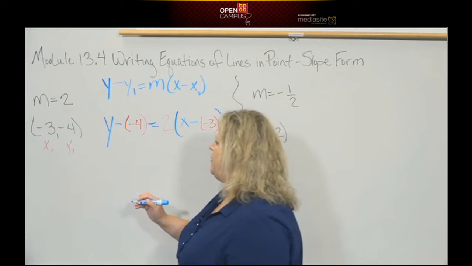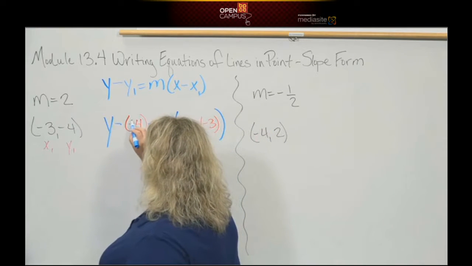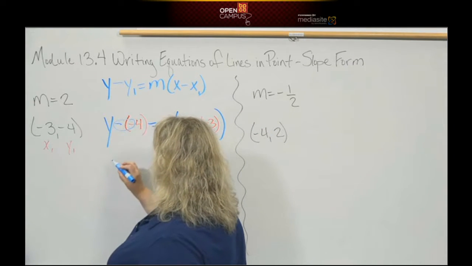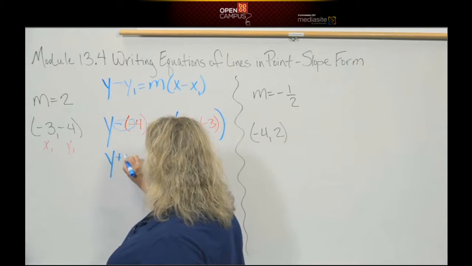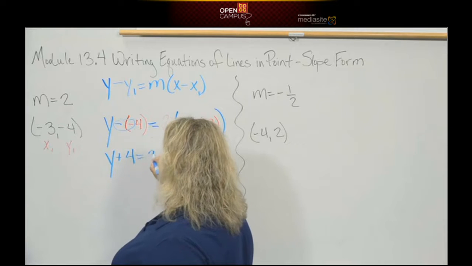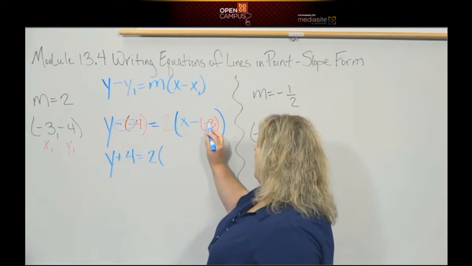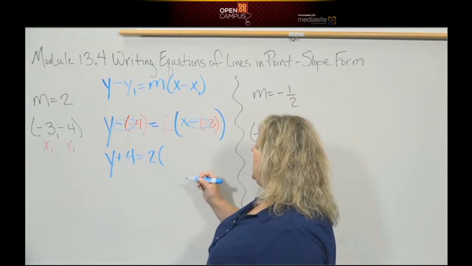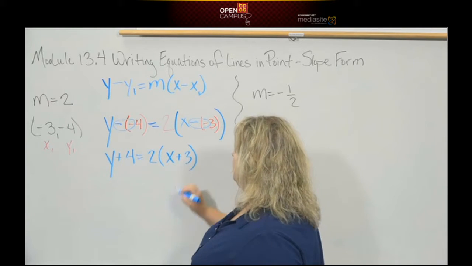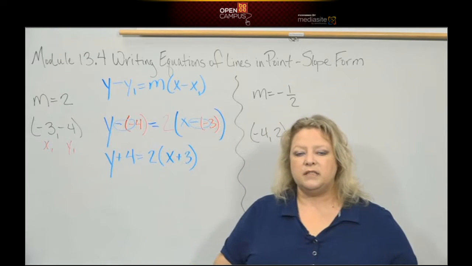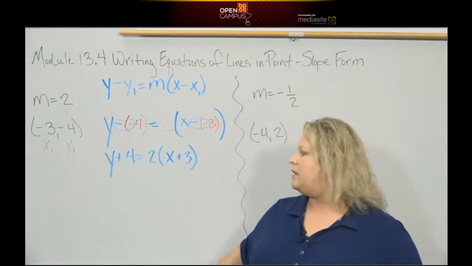So let's do that right now, okay? These two negatives make a what? A positive, that's right. So that's going to be y plus 4 is equal to 2 parentheses. And right here I have two negatives again, and those make a positive, so that will be x plus 3.